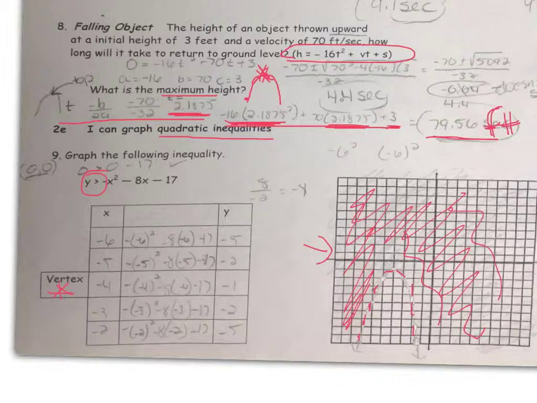So other than that, it's exactly like the learning target on graphing quadratic equations, where you have to do the opposite of b over 2a to find your x-coordinate, and then choose numbers before and numbers after, plug it back in to get your y's, plot, but then with inequalities you have to remember shading and dashed or solid.